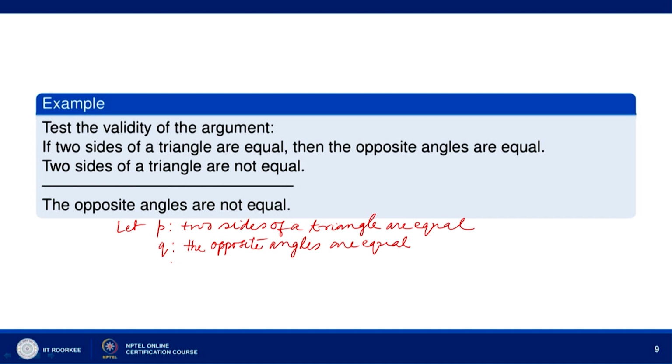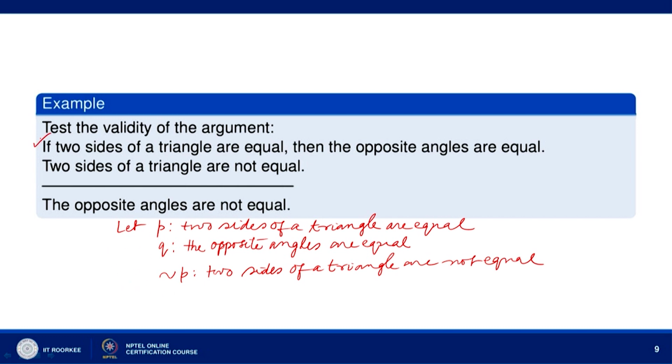And then two sides of a triangle are not equal. So, not P is two sides of a triangle are not equal. So, we have P and Q, P implies Q.